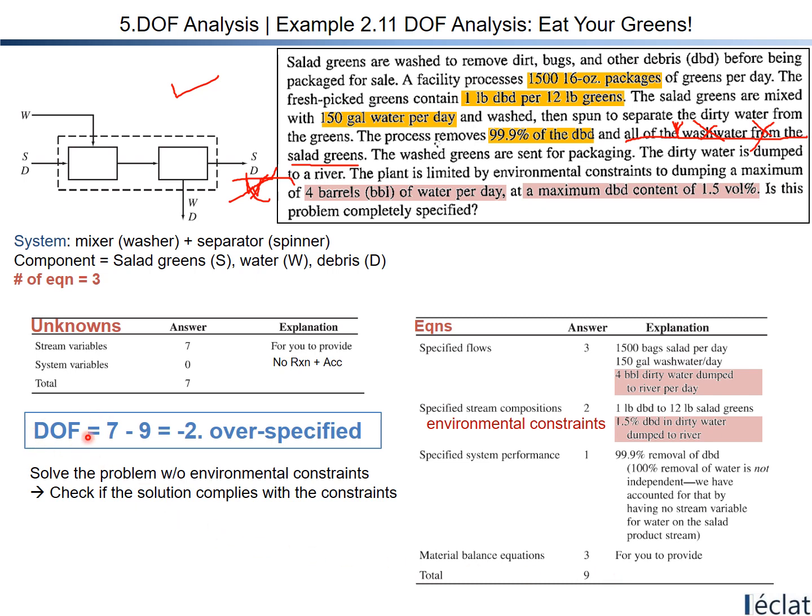Degree of freedom is equal to 7 from the unknowns minus 9 from the equations or restrictions. So minus 2. It means we have more restrictions than the number of unknowns, by 2.